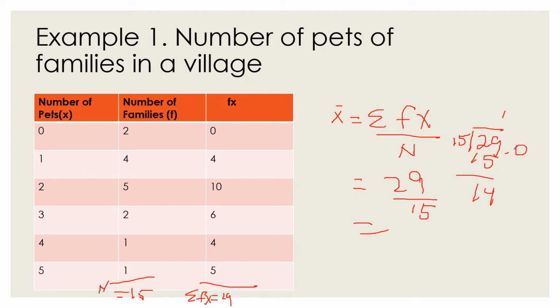How many 15s do we get? 15 times 2, 4, 6, 8, we get 9. 9 times 15 is 135, so we check the quotient.